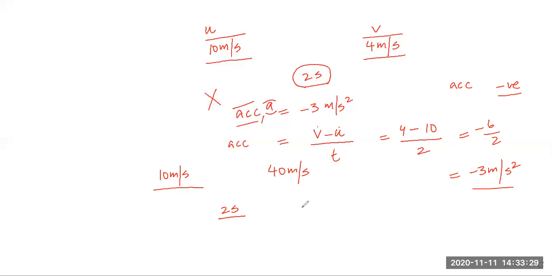Sir, 15 meter per second square. Beta, your name is Bakshpreet. I asked Manpreet and Amrit. Okay, Bakshpreet, yes. So Bakshpreet, what is your answer? 15 meter per second square. Per second. So it's correct. Acceleration is 40 minus 10, 30, change in velocity divided by 2. That is 15 meter per second square.